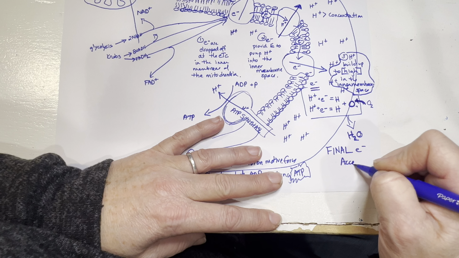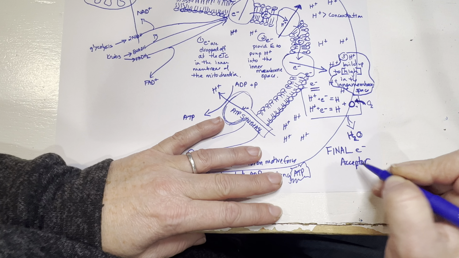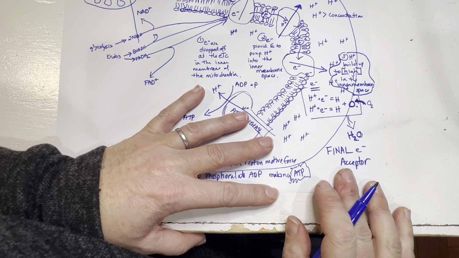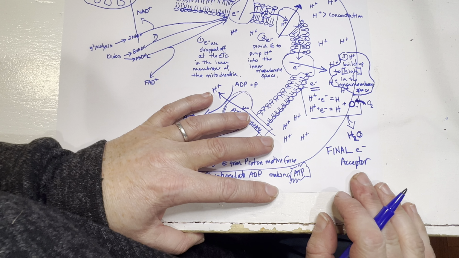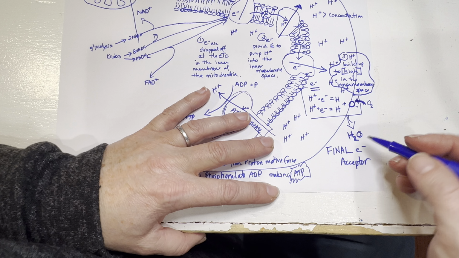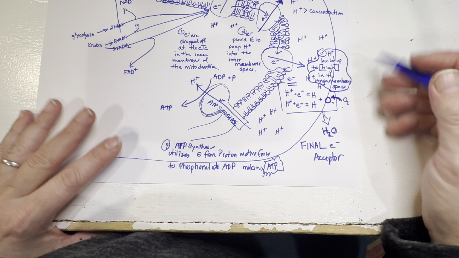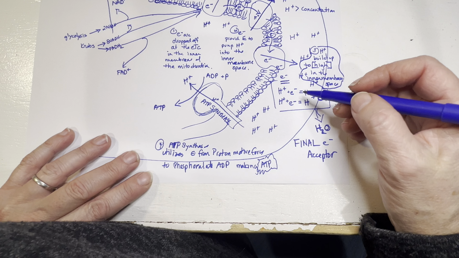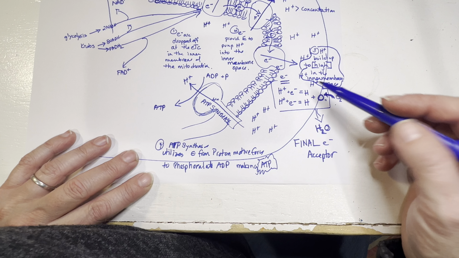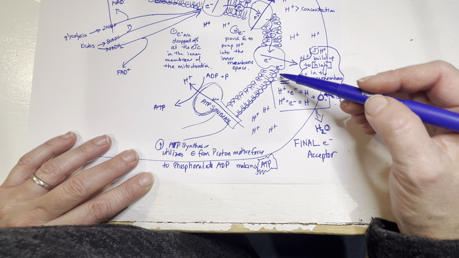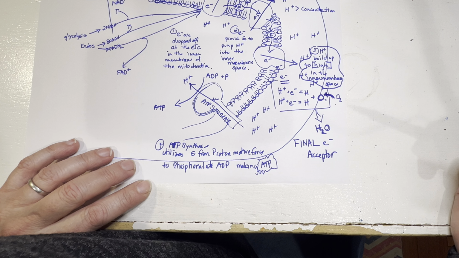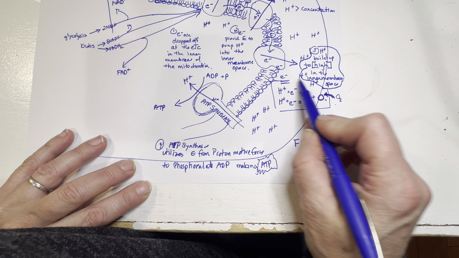The reason you breathe is so that you can pick up the electrons at the end of the electron transport chain, as a final electron acceptor. So our oxygen becomes our final electron acceptor as it joins with 2 hydrogen ions and 2 electrons to pick up any of these electrons that are coming off the electron transport chain to prevent damage to our cells.